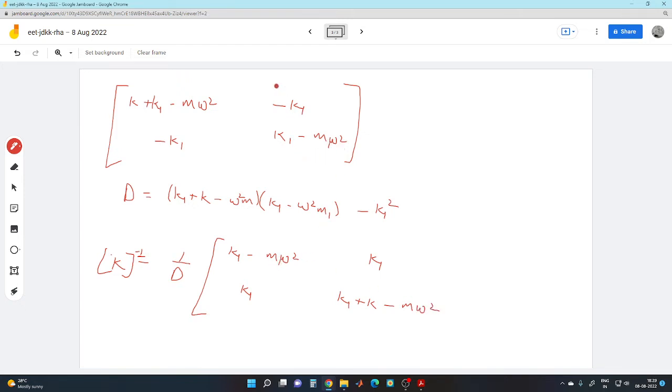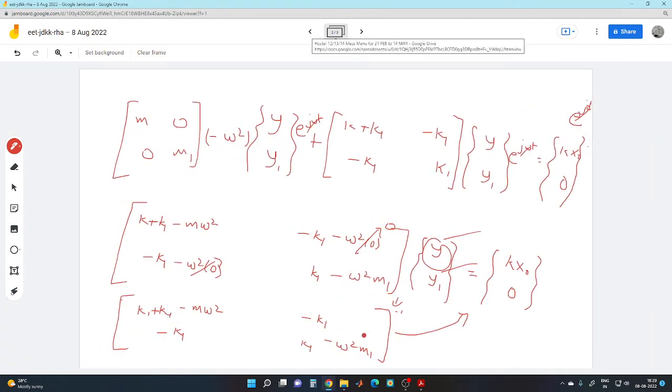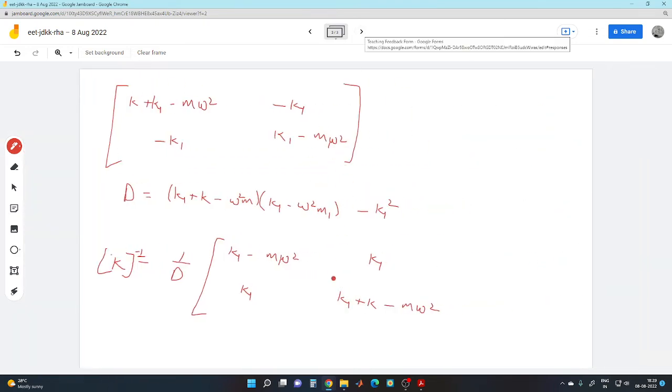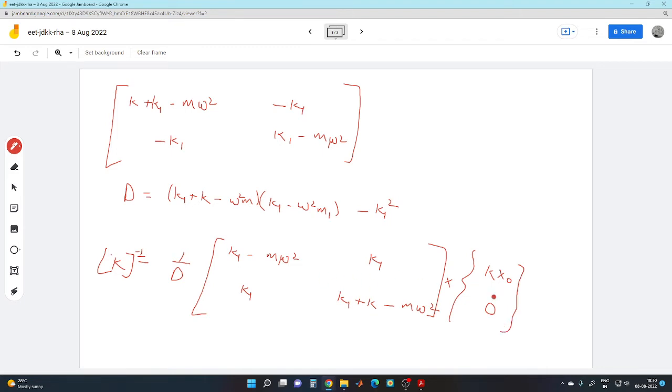Okay, I had missed it here. The rest is correct, so it should be m1. This has to be multiplied with k x naught and 0. This 0 will be for the second term, k x naught will be for the first term.